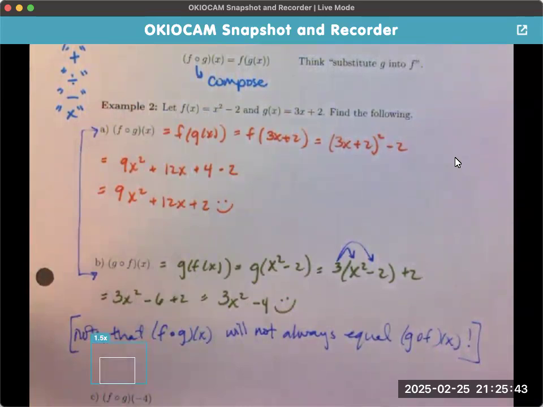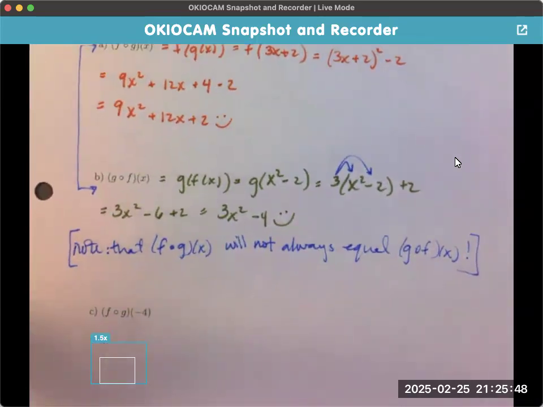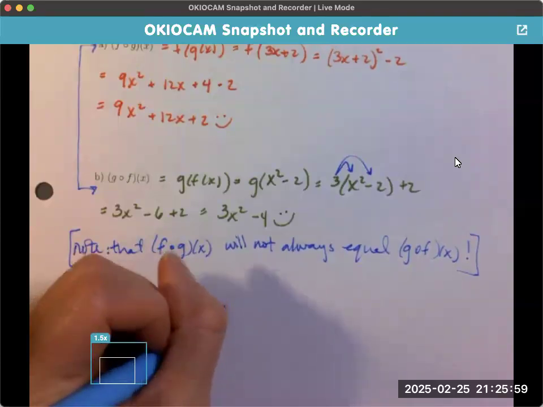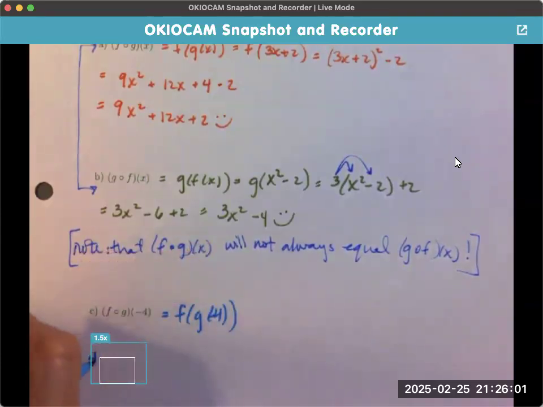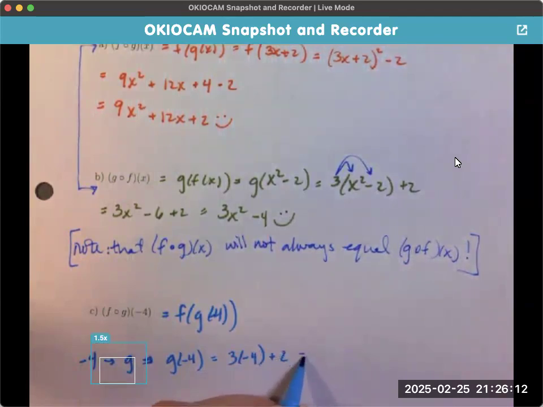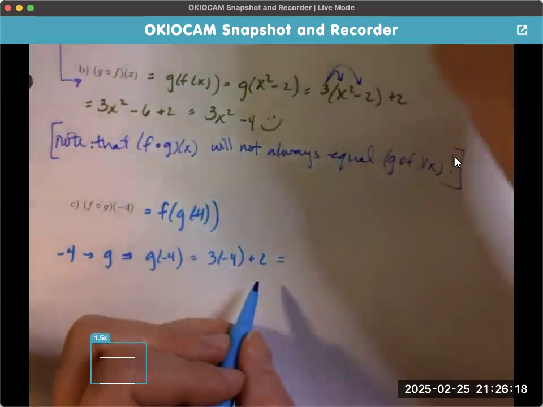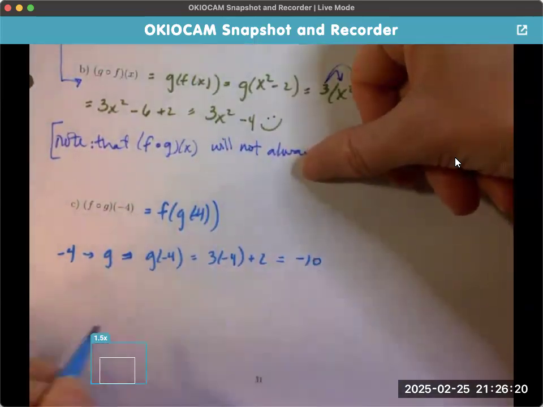Now, if I want to evaluate F composed of G of negative 4, we can do it a couple of different ways. One way is to think of it as a leapfrog. This is F of G of negative 4, meaning that negative 4 goes into G. So this is 3 times negative 4 plus 2. 3 times negative 4 is negative 12, plus 2 is negative 10.